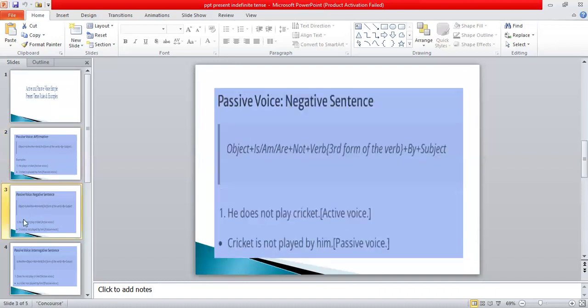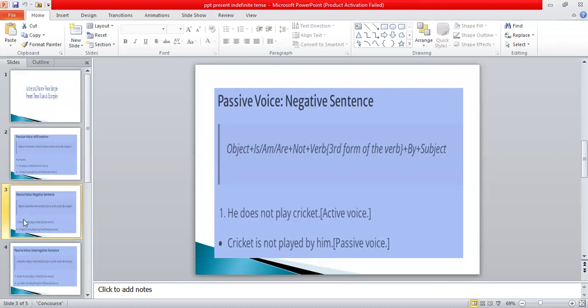Yes, if you want to change a negative sentence of active voice into passive voice, the structure formula is object plus is, am, are plus not plus third form of the verb and then the subject of the active sentence. As you can see in the example, he does not play cricket.